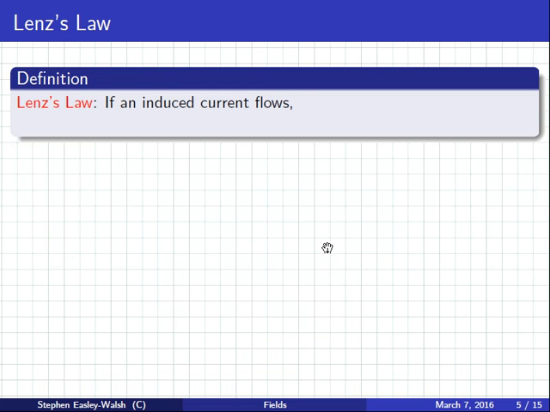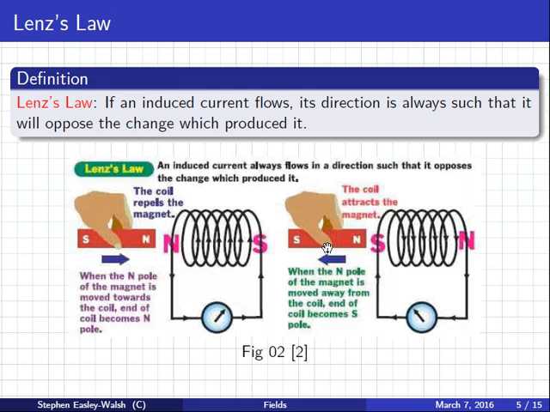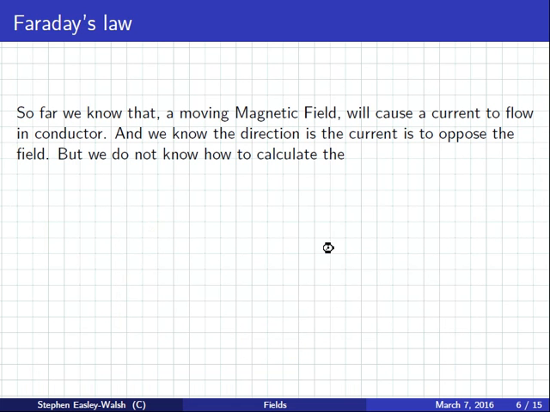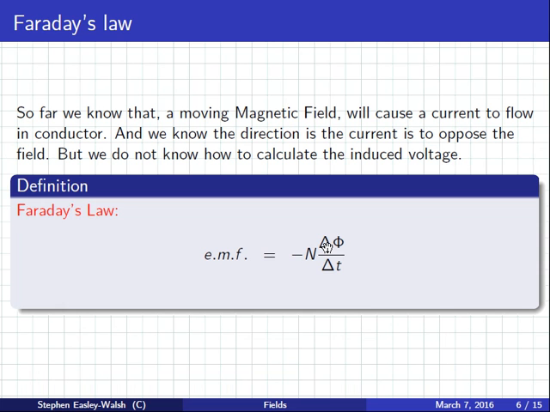Lenz's law tells us which way the current will move, but Faraday's law is what tells us how much we have. Faraday's law says that the voltage is equal to this formula here. Don't worry too much about the minus.